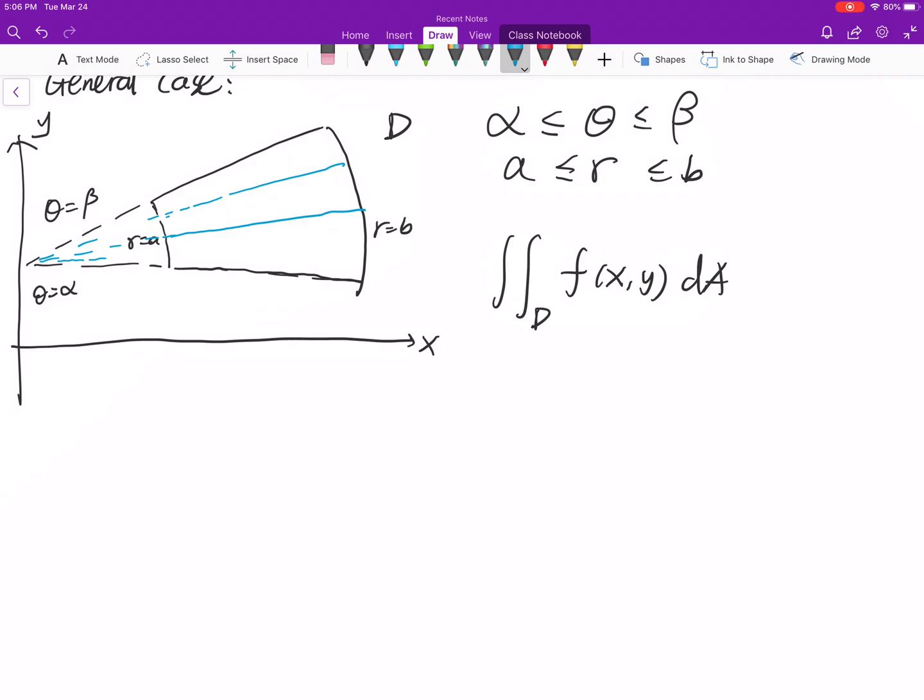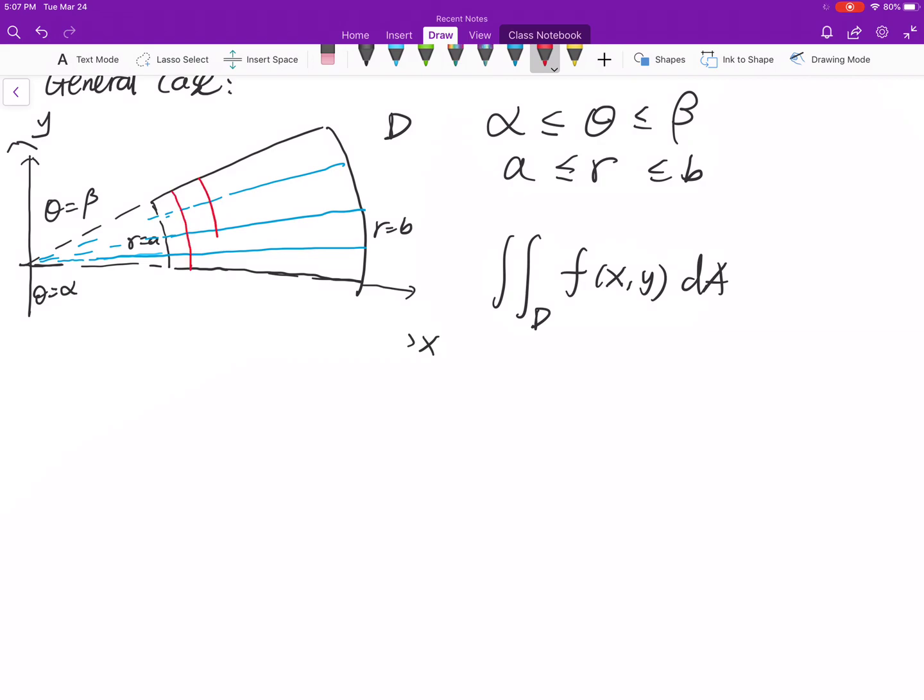Sorry, my bad, the xy coordinate system goes this way, the origin is here. Then we also cut it along the circular direction.